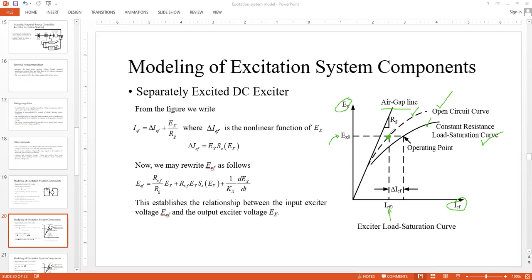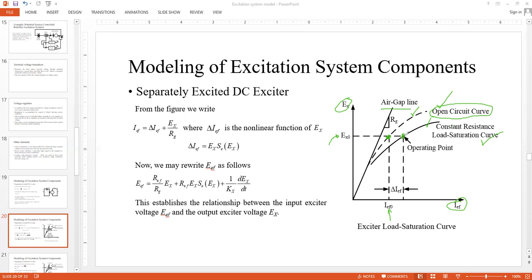The naught just means it is the point corresponding to the OCC, or open circuit curve. It's a point on the OCC. But you're not going to operate there. You are going to operate under loading condition, and your operating point is going to be on the constant resistance load saturation curve, not on the OCC.